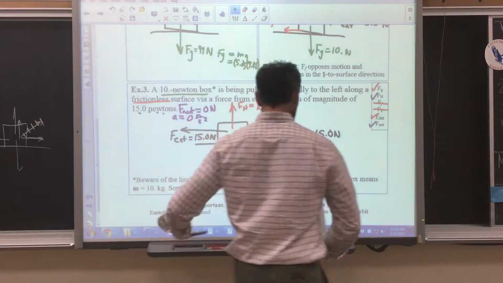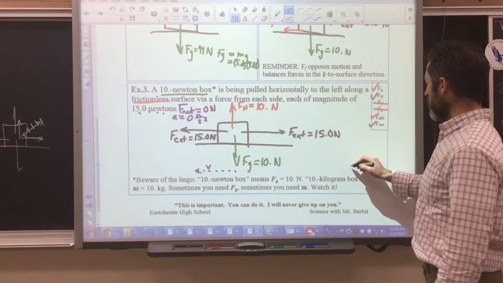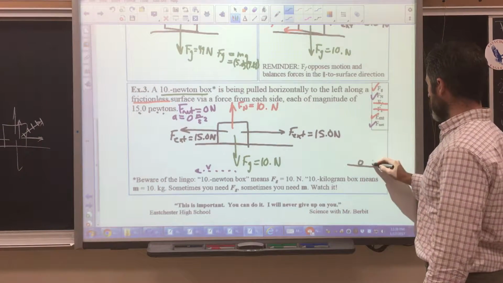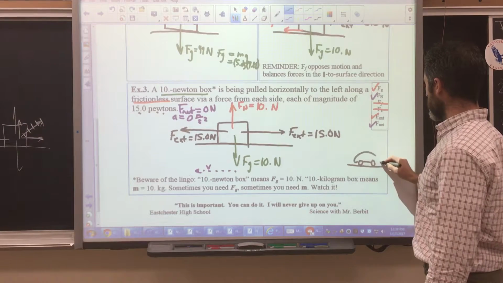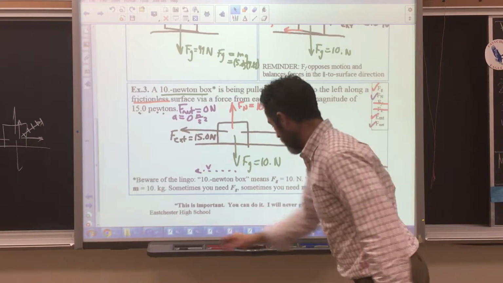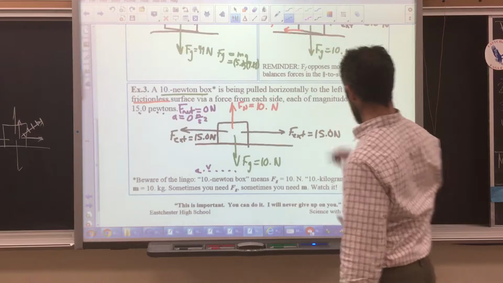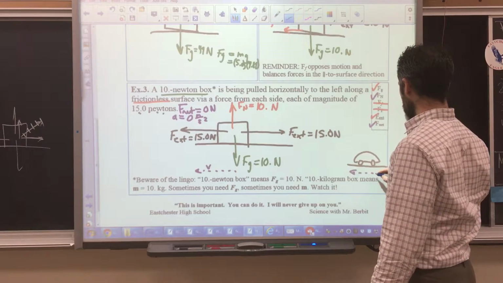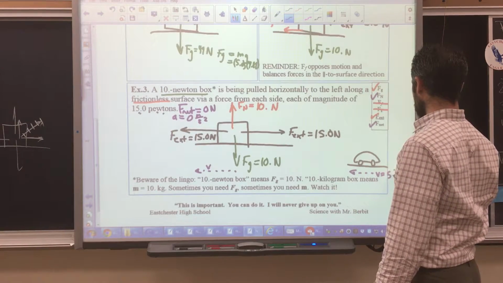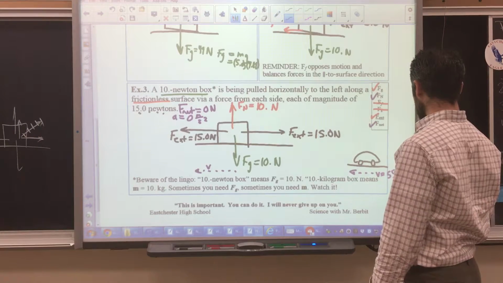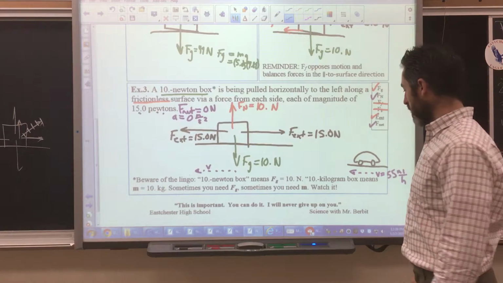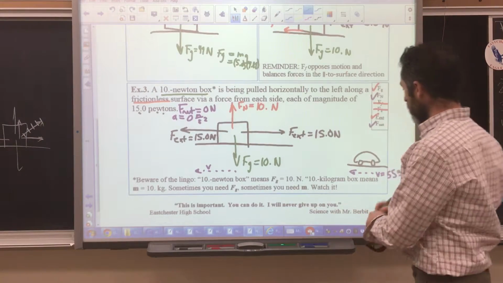If you instead go and look at a car on the highway. Here's the highway. Here's your little buggy driving along. If you are driving at a constant velocity of, let's say, 55 miles per hour in this direction, what does your force diagram look like? Well, your car has weight.